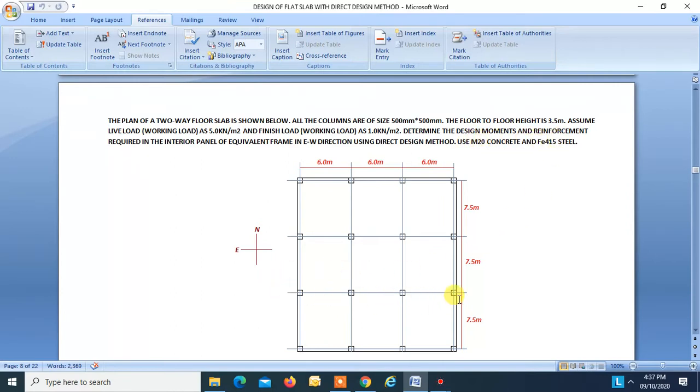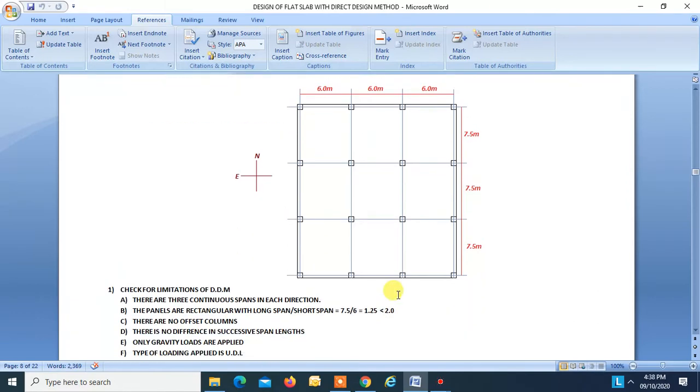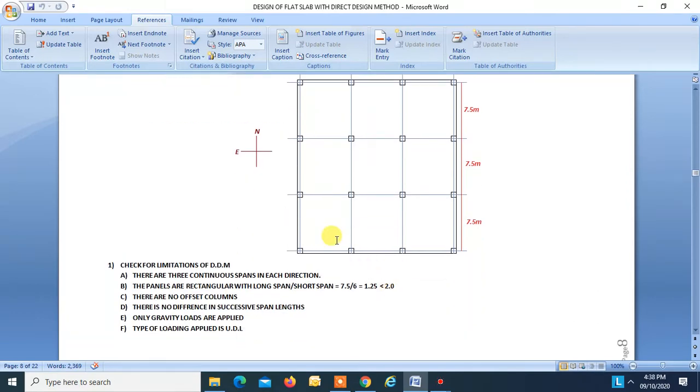We will take the equivalent frame just over here. This is the interior equivalent frame. First step: do we satisfy the limitations of DDM? There are three continuous spans in each direction: one, two, three. The panels are rectangular with long span to short span equal to 1.25, which is less than 2.